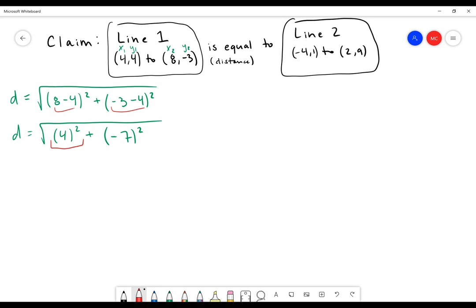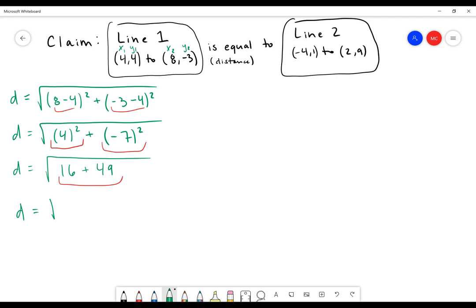Now I am simplifying the exponents. So distance is equal to 4 squared is 16, plus negative 7 squared, which is 49. Now I'm going to simplify inside the radical and add 16 to 49.